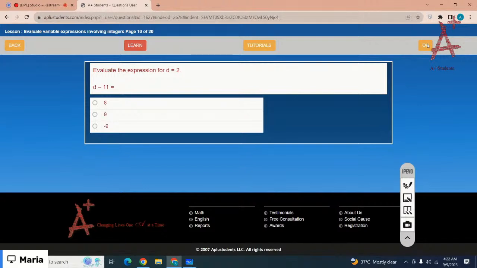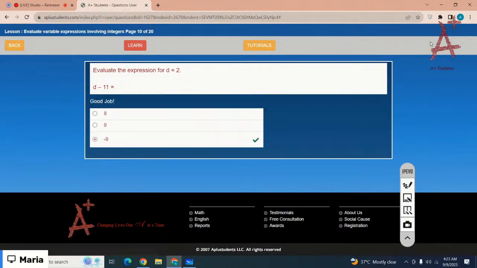That means it is 2 minus 11, right? 11 is a greater number, so the answer must have a negative sign. And 2 minus 11 must have a negative sign, so that would be negative 9, right?